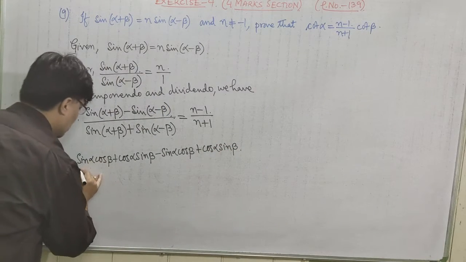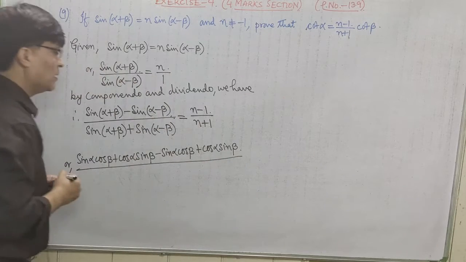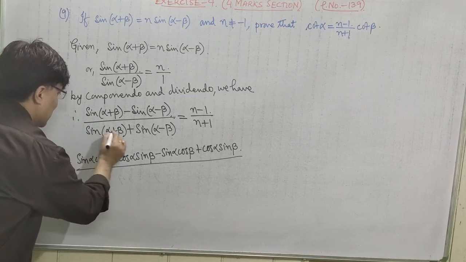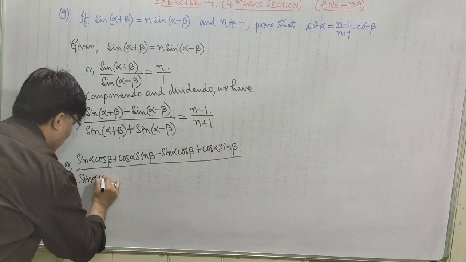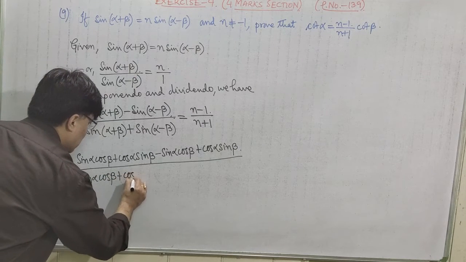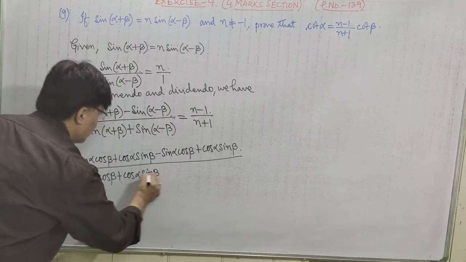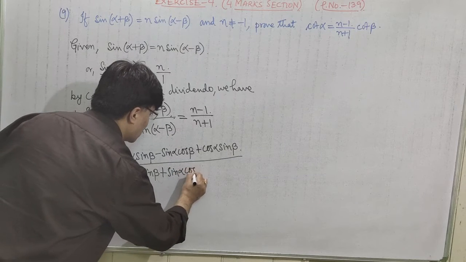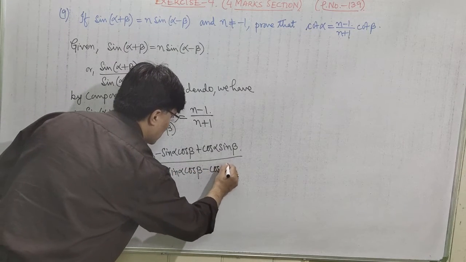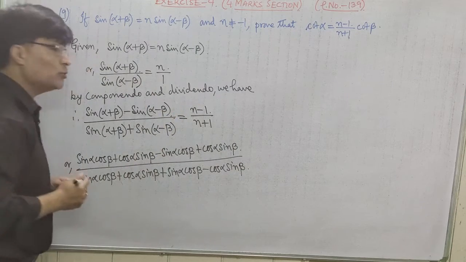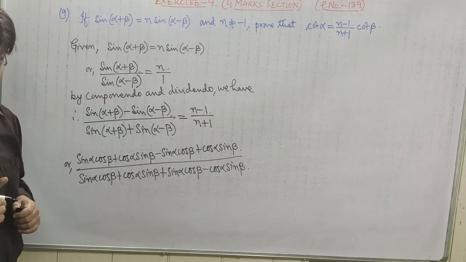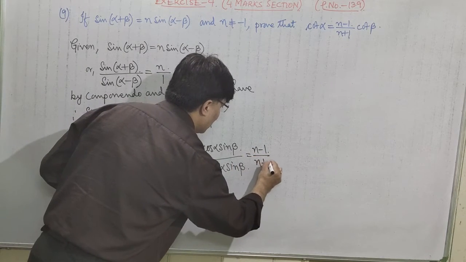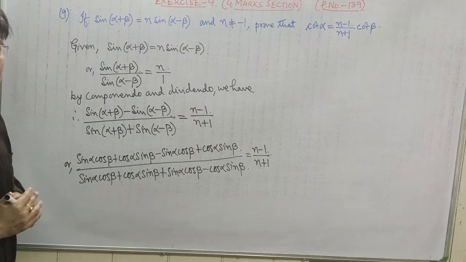Is that clear? So this whole thing divided by what? Similarly in the denominator, sine of a plus b form, sine alpha cos beta plus cos alpha sine beta plus, what is sine of a minus b? Sine alpha cos beta minus cos alpha sine beta. That means we are just using the formula only. Which is equal to n minus 1 upon n plus 1, that is, right hand side is kept as it is.